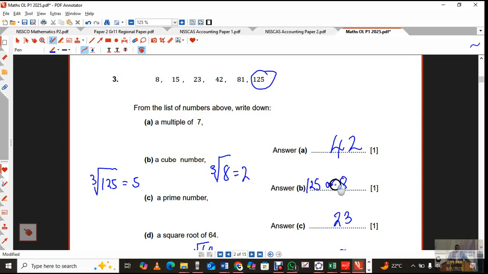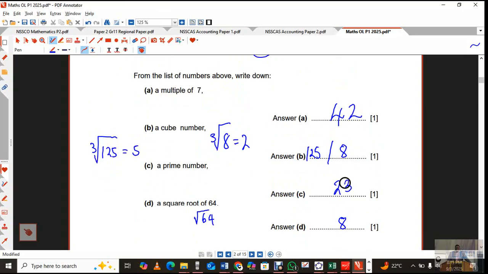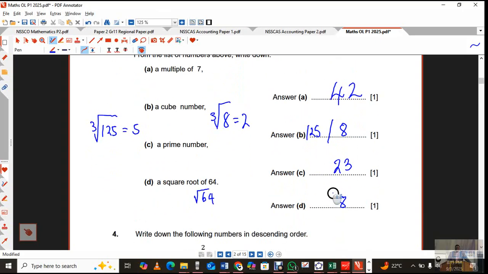Any one of these will do. There are 2 possible answers there, but you will only be writing one. So 125 is also a cube number. The reason why I went back there is that sometimes, if you use something twice, you have to check whether you made a mistake.